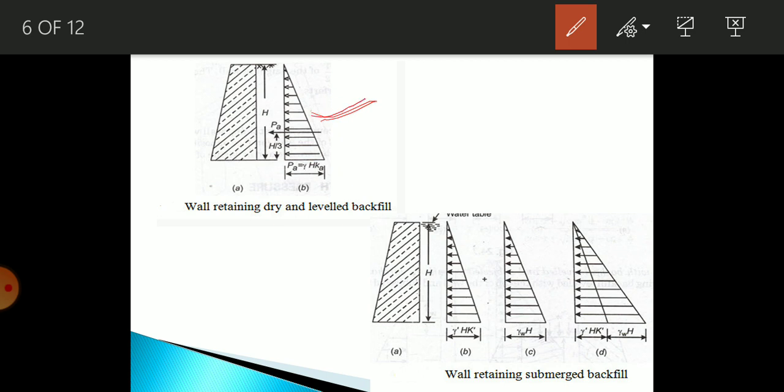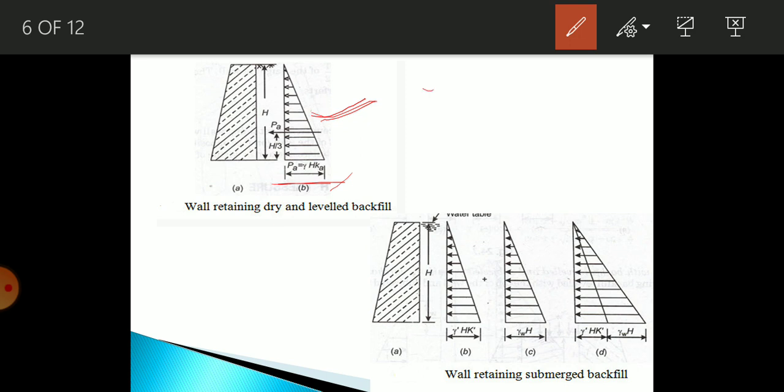This is the lateral pressure or horizontal pressure. Now according to Rankine's theory, that pressure will be triangular in shape, and the base of that triangle will be equal to Pa = gamma H Ka.